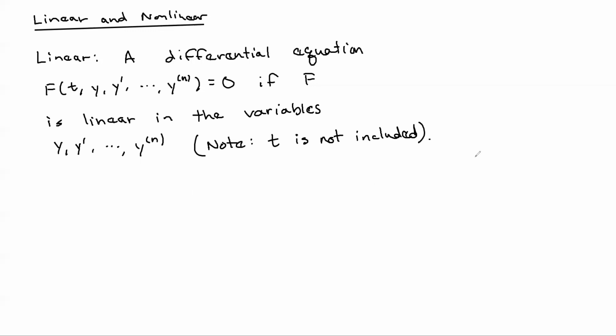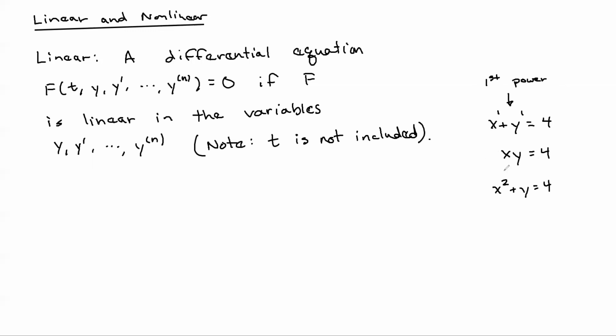In an algebra class, x plus y equals 4 is a linear equation because x and y are each to the first power. If you have xy equals 4, this is not linear. You can't have the two multiplied together. And x squared plus y equals 4 is also nonlinear. To be linear, everything has to be to the first power and not multiplied together.